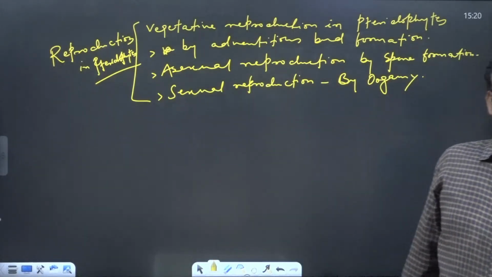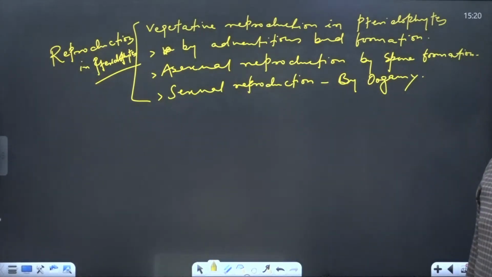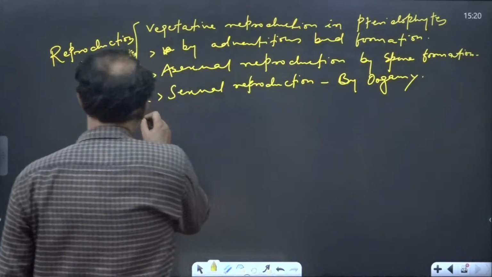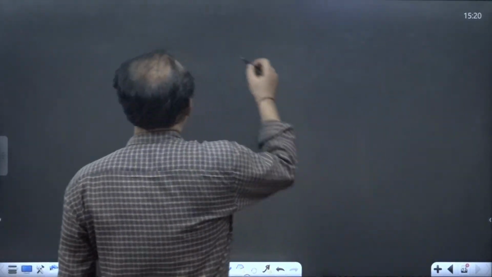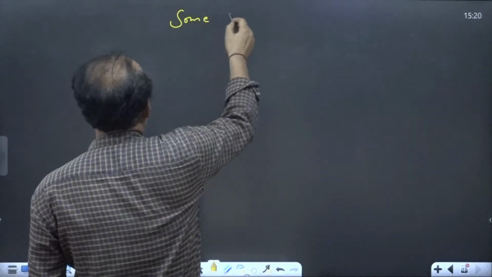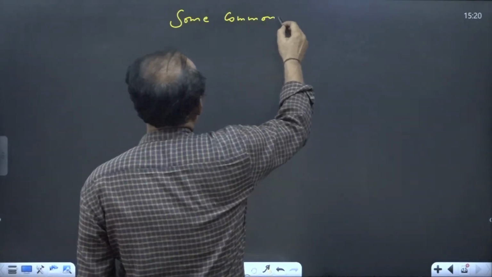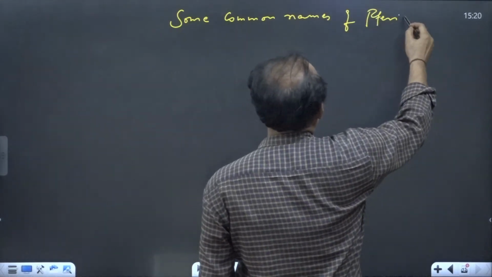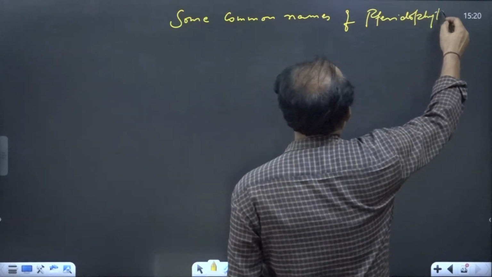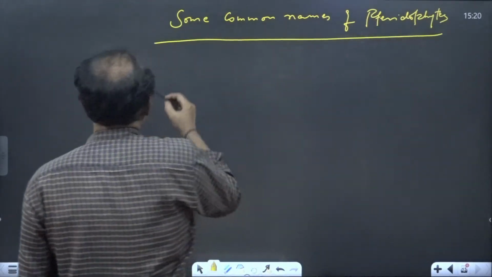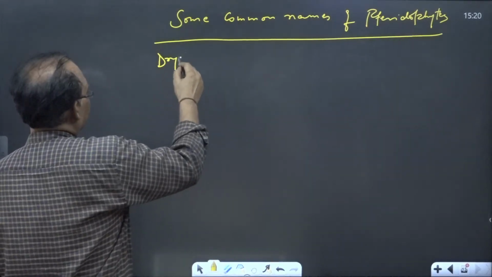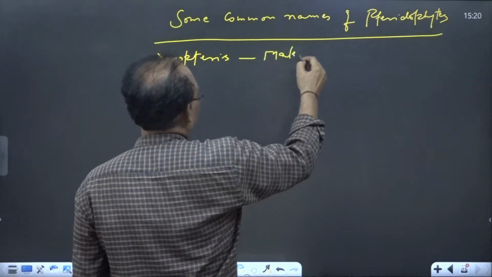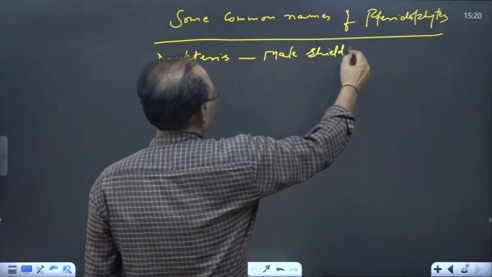Is it clear? Now you write about some of the common names for different pteridophytes. Names of pteridophytes. Dryopteris is called male shield fern.